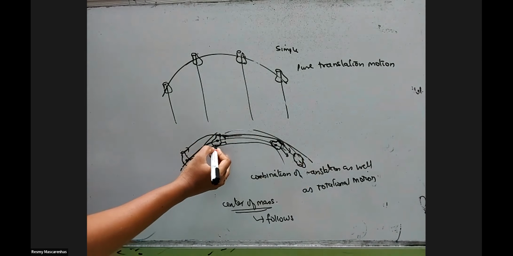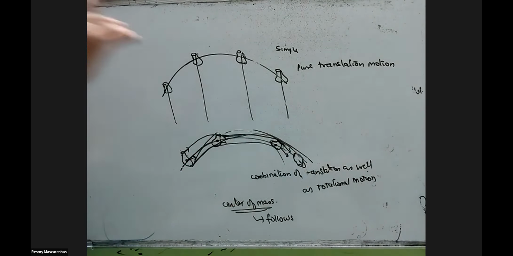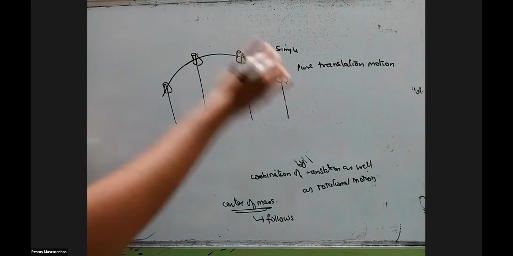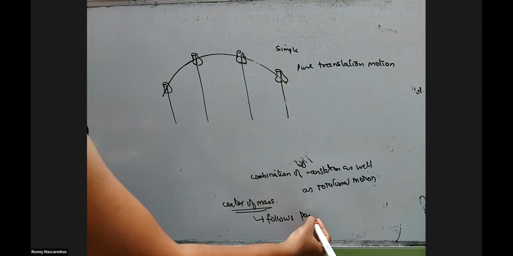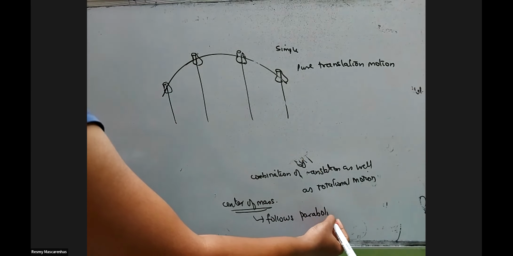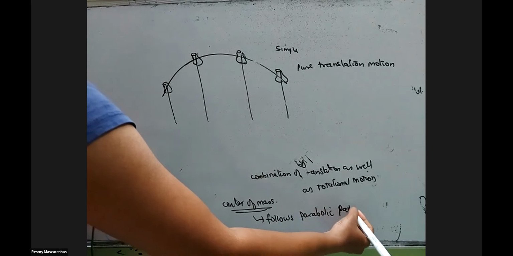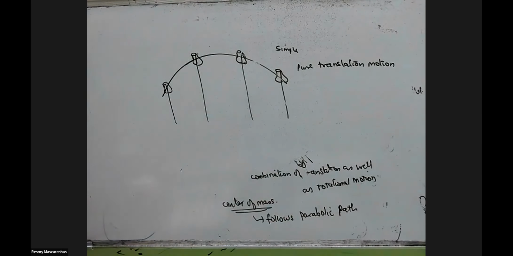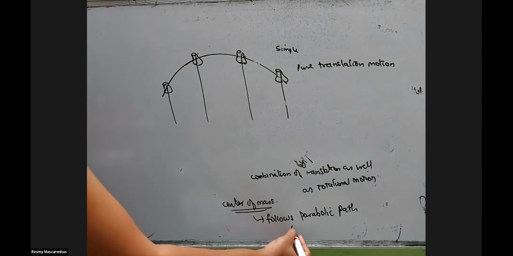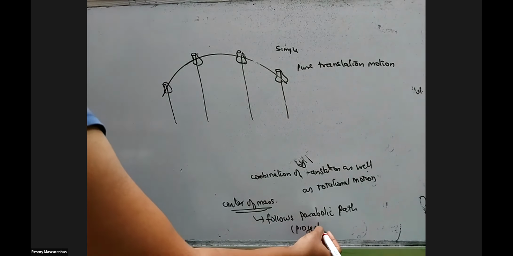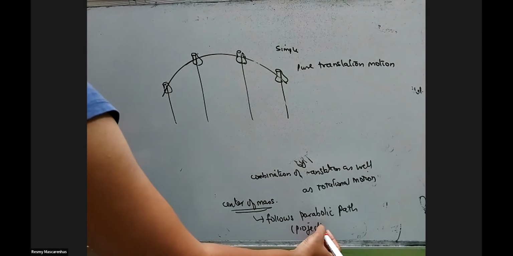It could be from here to here, then here to here, zigzag also. So the best option is to take the center of mass, which follows a parabolic path. So we generalize it instead of deciding for every single particle. So we say it is projectile motion. Projectile means whichever follows a parabolic path.